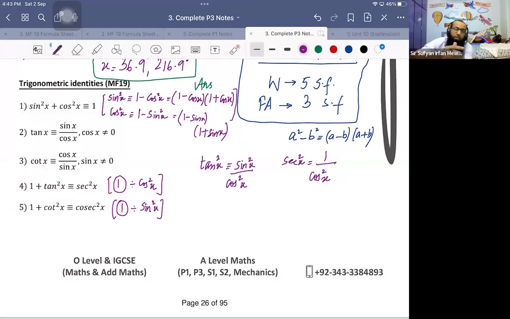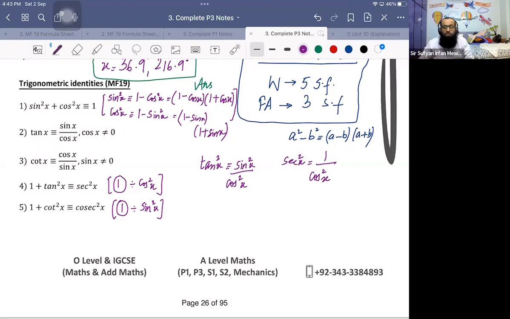So at times in the marking scheme, the examiner writes use of Pythagoras. The use of Pythagoras would actually mean the use of identities 1, 4, and 5. So please don't get confused if the word Pythagoras is used, because there is no direct application of Pythagoras in those questions.